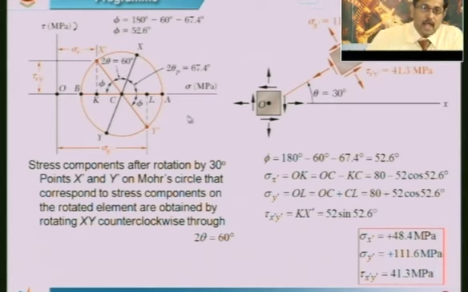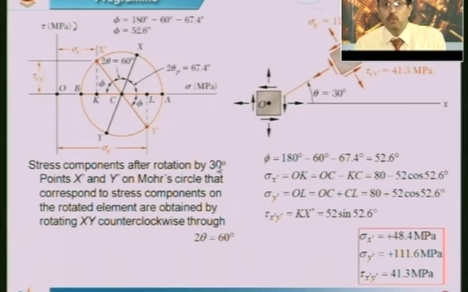Now, to get the component after rotation by 30 degrees, point x dash and y dash is what we are going to get. Now, 30 degrees means in the Mohr circle it should be 2 times this, which is 2 into 30, which is 60 degrees. And so, from xy you get an angle of 60 degrees and draw a line.